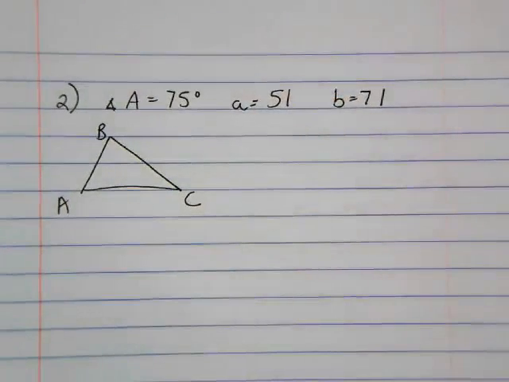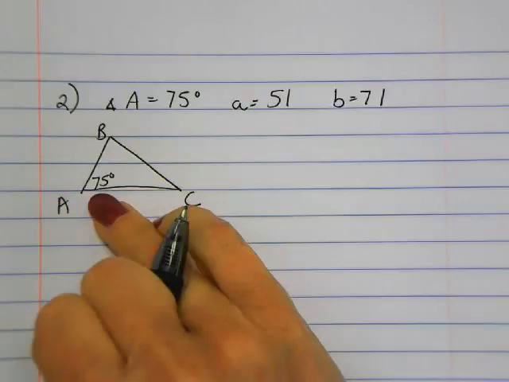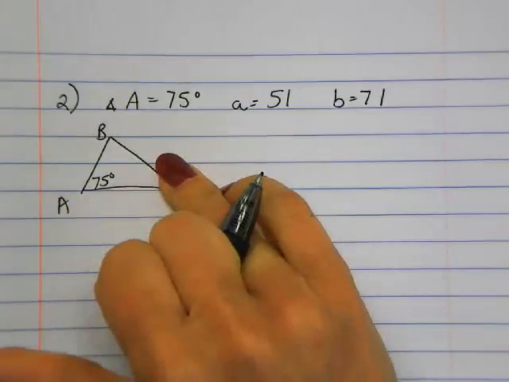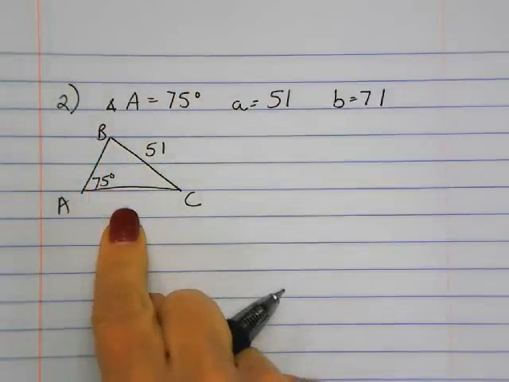So I put that angle A is 75 degrees. Little a, remember little a is across from big A, it's 51. Little b is across from big B, 71.